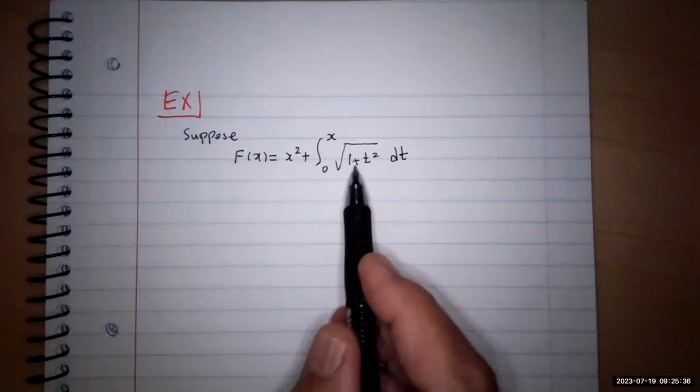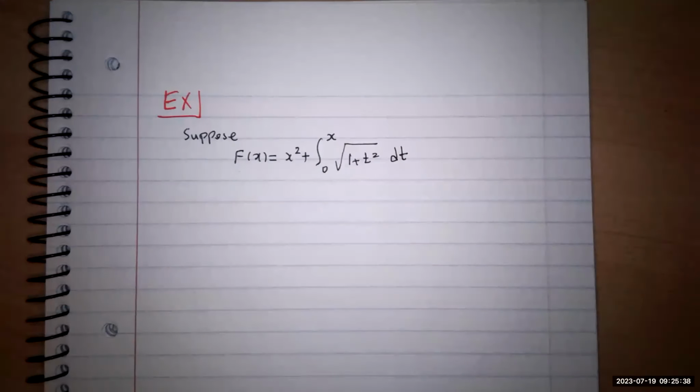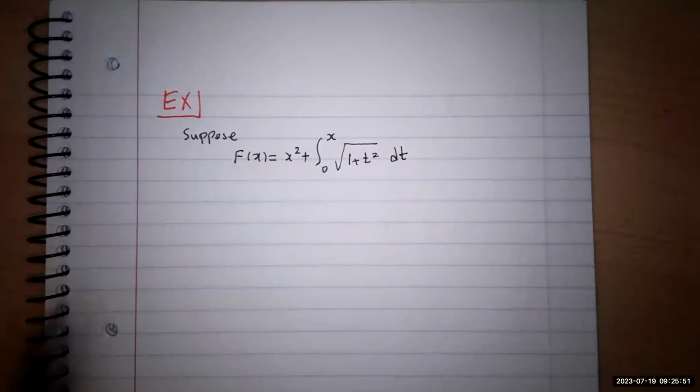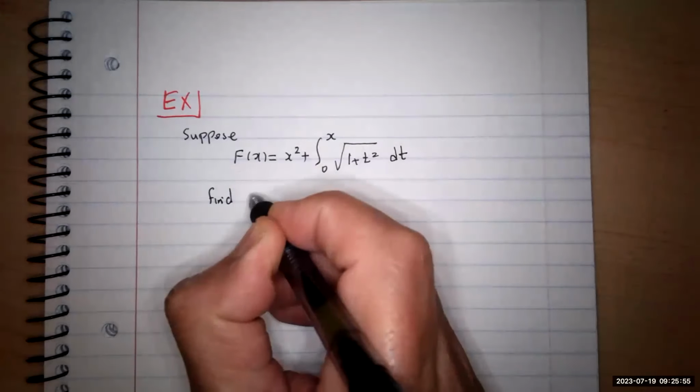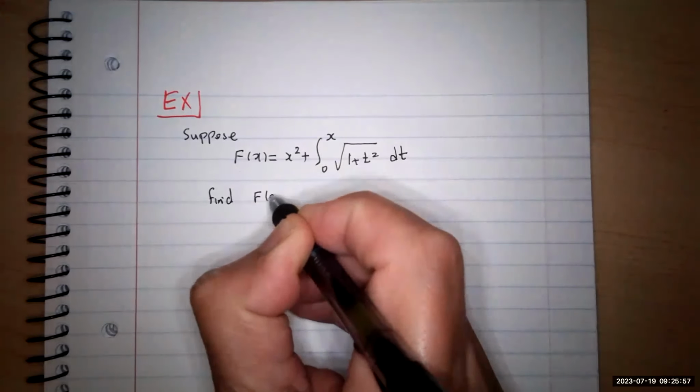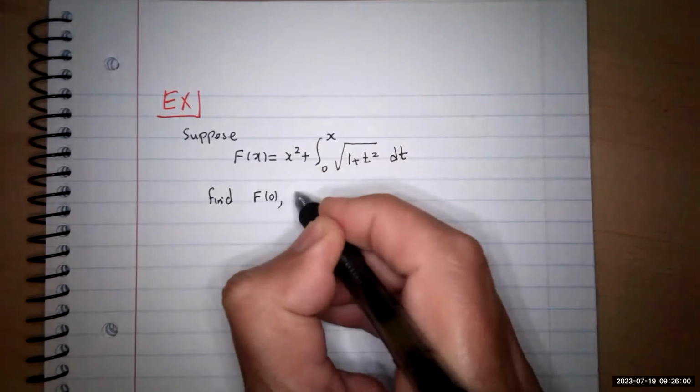Okay, this integral is not bad. Even in calculus 2 you can find it, but not for the moment. What they are going to ask you is how we're going to operate with this function's derivative and second derivative. So we are going to ask you to find: what is f of 0? What is f prime of 0?